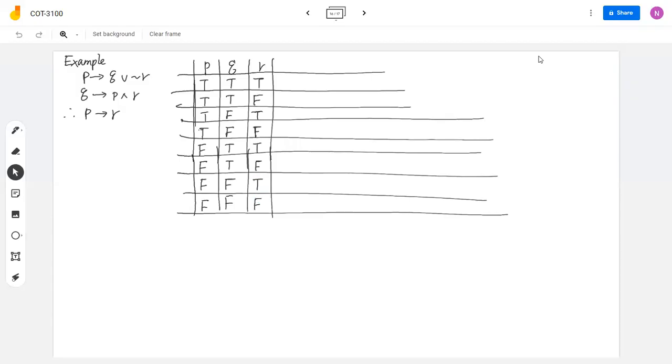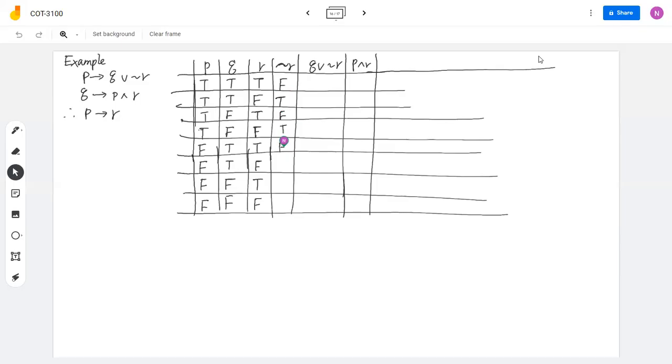And our next column is not R, then Q or not R, then P and R. You can easily check that the not R column should be FT, FT, FT, FT, because it's just the opposite of the previous column.